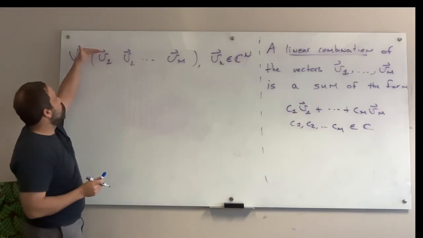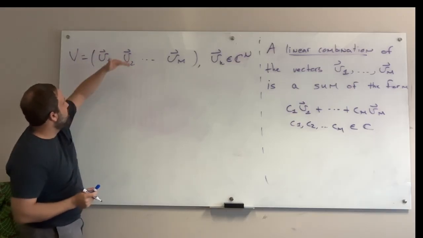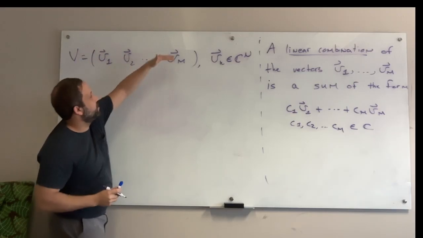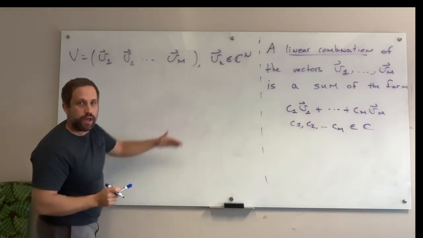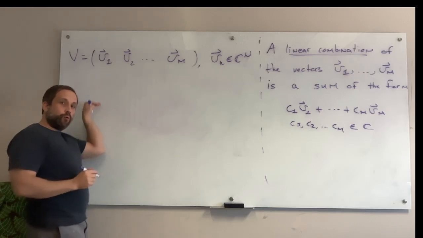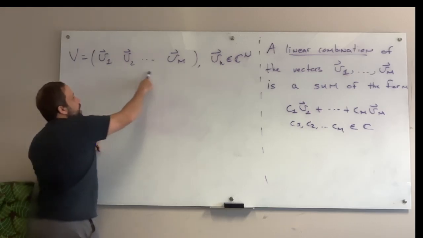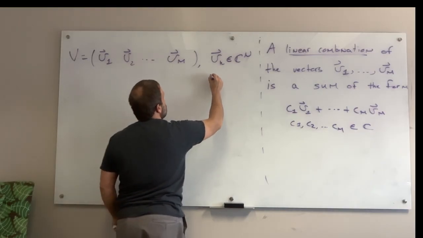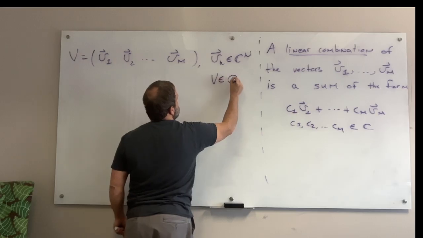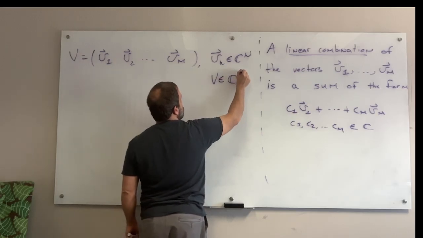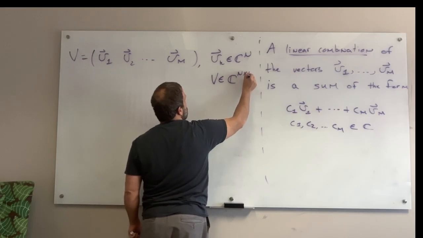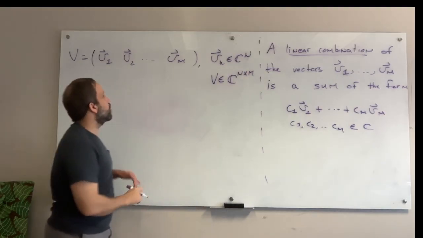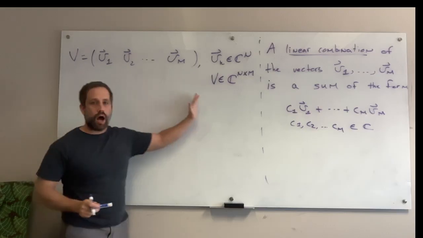So this is a column, it has n entries going down this way, this has n entries going down this way, this has n entries going down this way. So there are n rows, and there are m different column vectors, so there are m columns. So we're going to say that V is in the space C, and now in the exponent, we're going to write n times m, meaning there are n rows and m columns.